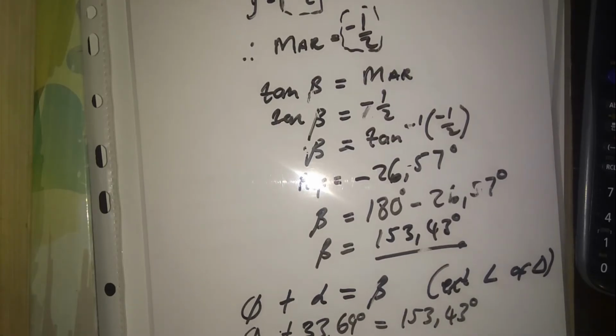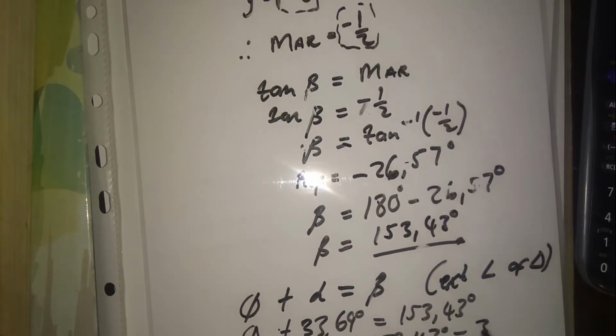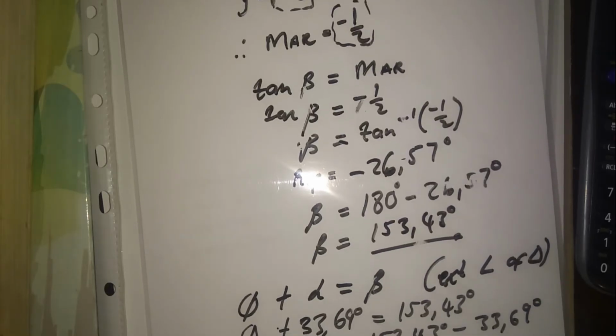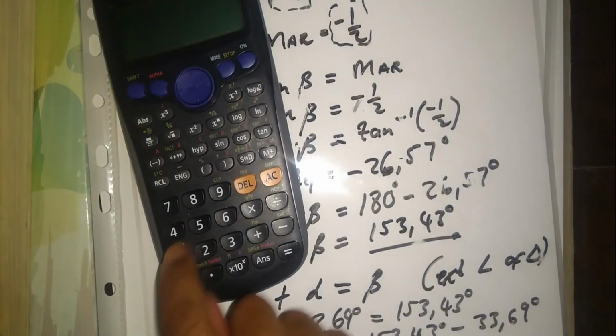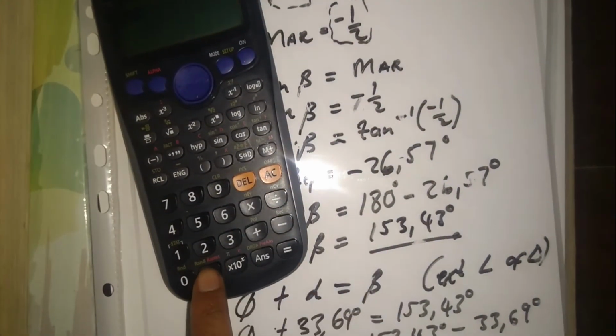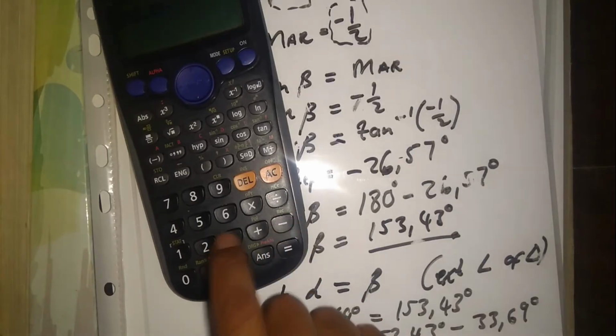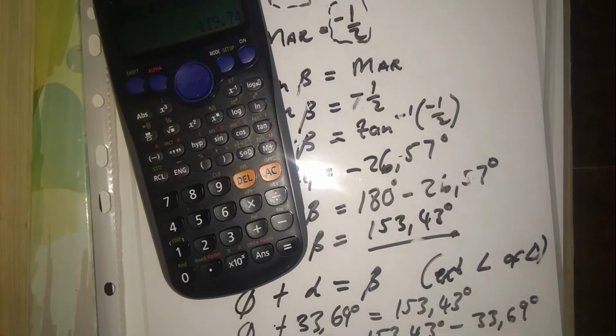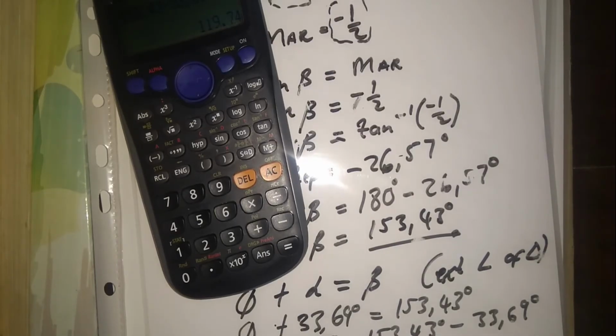Equal to beta, it's 153.43 degrees. So theta is going to be equal to, transpose this value, 153.43 degrees minus 33.69 degrees, alpha, is equal to 119.74 degrees.